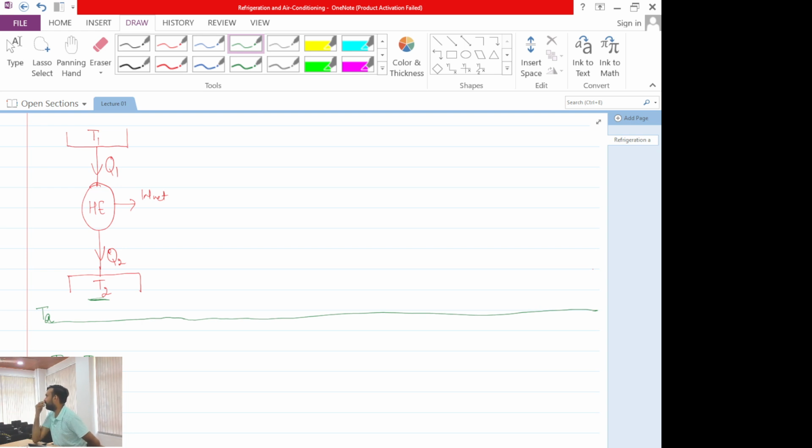Have you forgotten about the Rankine cycle? If you recall, you might have studied this type of diagram, the TS diagram, where there is this process 4 to 1.